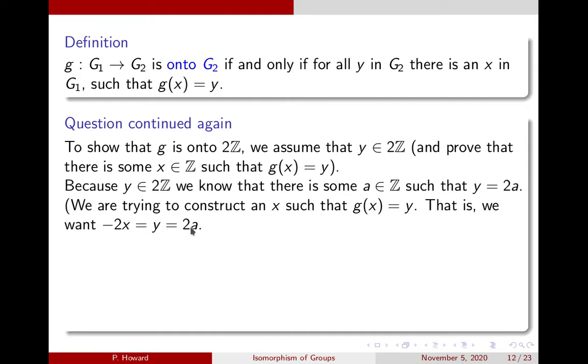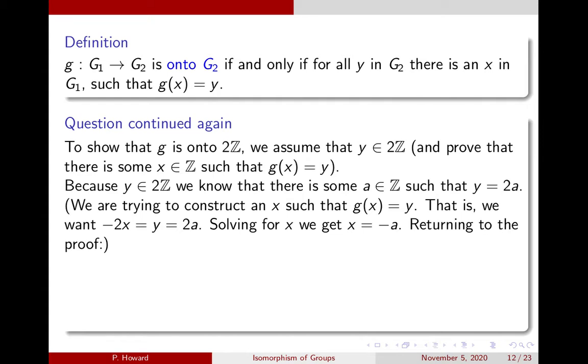So we want an x for which this equation is true. And it looks like solving for x by dividing both sides, the far left and the far right, by minus 2, x is minus a. This is the choice of x that ought to work.